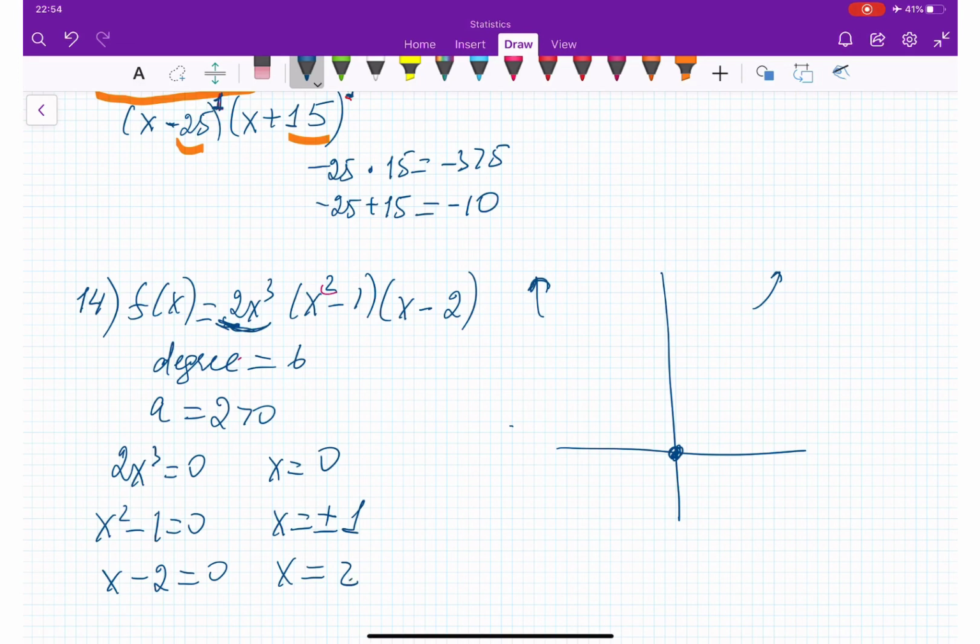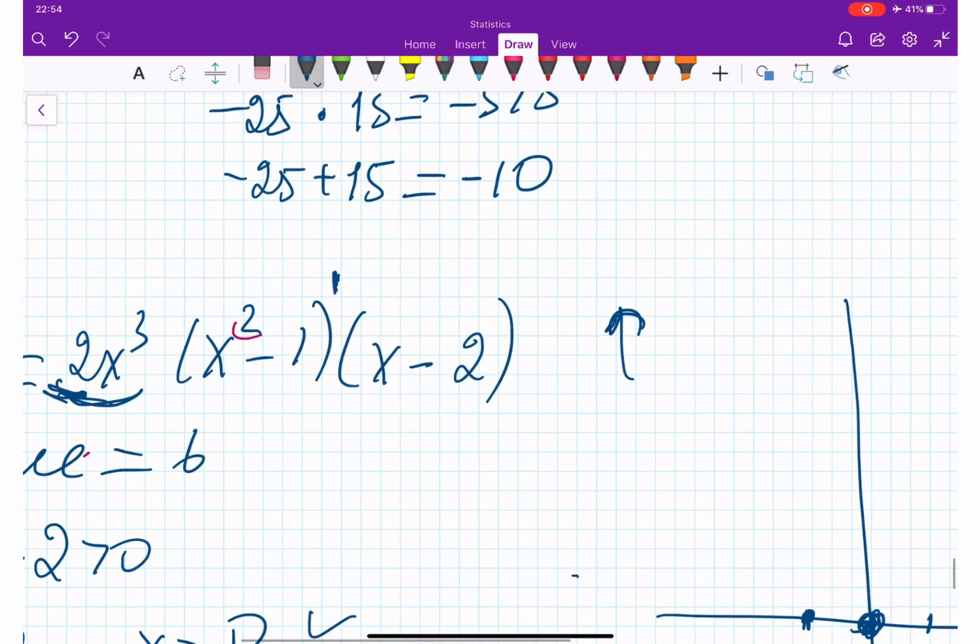So we have 1, 2, 3, and 4 points: 0, -1, +1, and +2. Okay, let's see. Starting with the -1 and +2 points that are close to the end behavior. At -1, our multiplicity is 1, right?